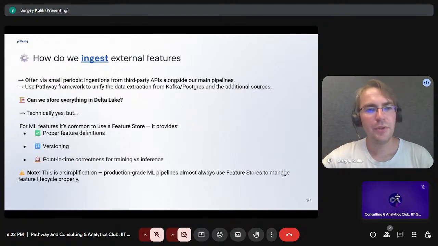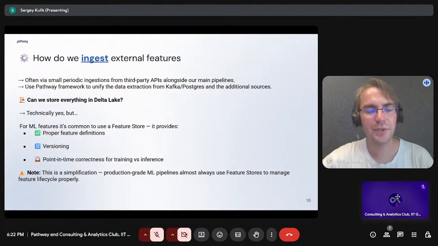Here we also need to discuss how we ingest the data, and it's connected with what we discussed. For external features, the ingestion would be easier, because if we speak about weather, as we discussed, weather is a very good feature for pricing.